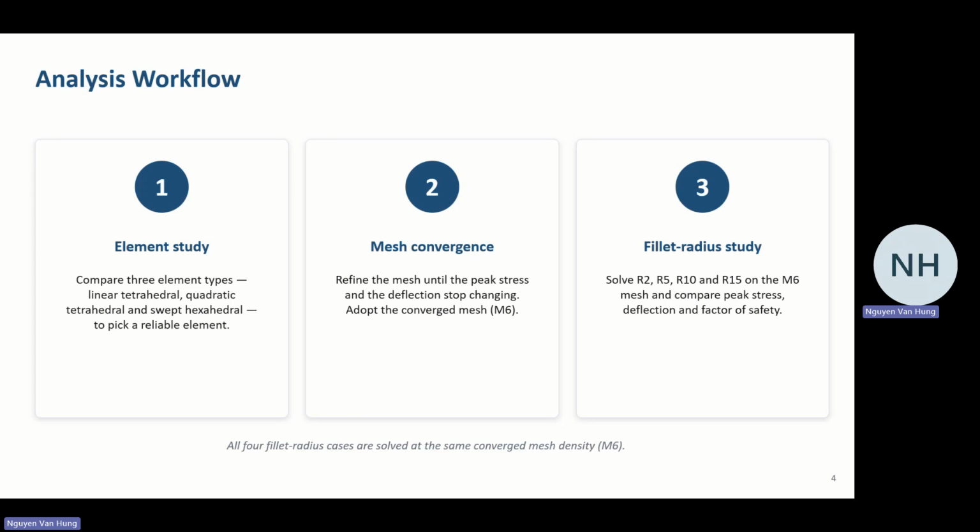I refine the mesh until the answer stops changing, and I keep that converged mesh. I call it M6. Third, the main study: I solved the four fillet radii, all on that same M6 mesh, and compare the stress, deflection, and the safety factor.